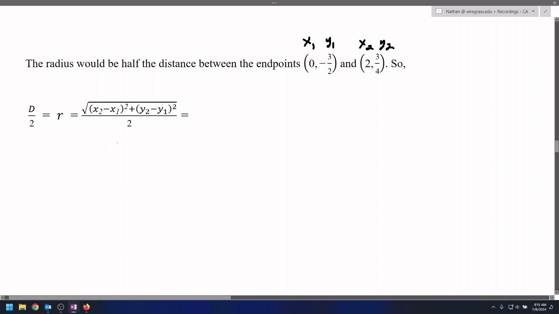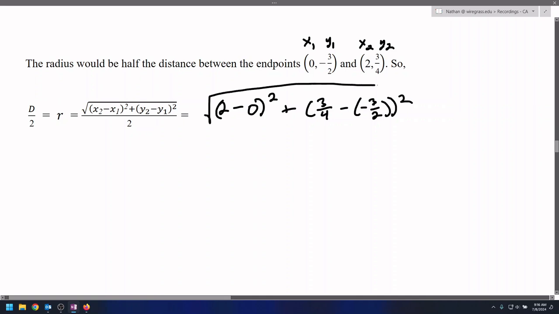So plugging that in, we get the square root of (2 minus 0) squared plus (y2 minus y1), the whole thing squared, and the square root of that entire thing. And this distance is going to be divided by 2.